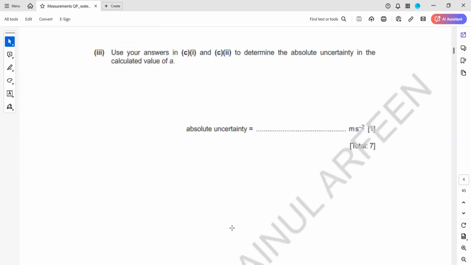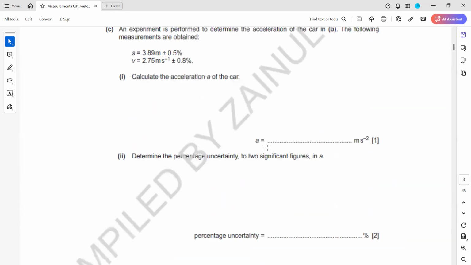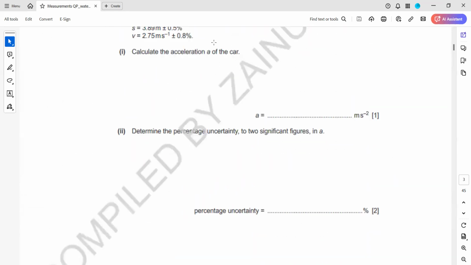Look, one of the students asked: when we are finding the acceleration, the formula is v squared over 2s. So the uncertainty will be twice the percentage uncertainty in v, but why is it not multiplied for the 2 in 2s?